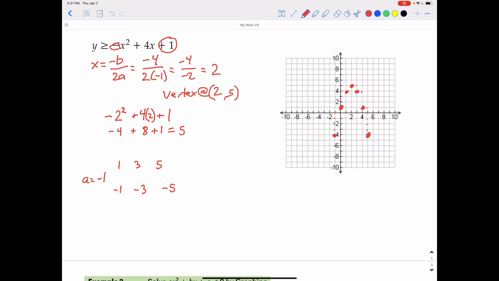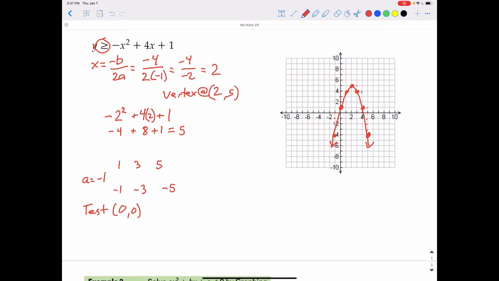So we will use a solid boundary line this time because it's greater than or equal to. So this time it'll be solid. So I draw my best curve through there. And then we got to figure out where to shade. So we're going to do a test point. We can still test 0, 0 because the boundary barely misses 0, 0.